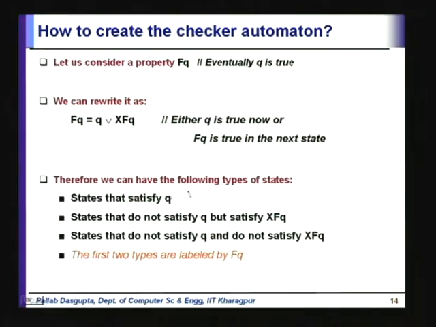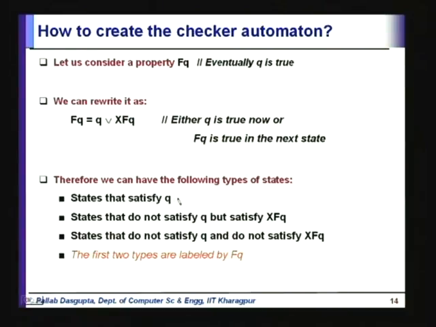So, therefore, we can have the following types of states: states that satisfy Q, states that do not satisfy Q but satisfy XFQ, and states that do not satisfy Q and do not satisfy XFQ. Now, these two types of states satisfy FQ.